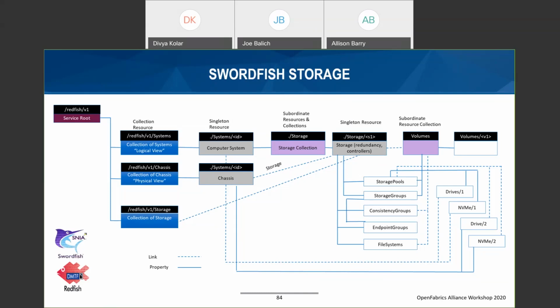Coming back to Redfish chassis, we have a chassis collection, and then we see that there are a couple of drives sitting in those chassis. This is how the physical drives are represented. And we can also see that the same drives are used to carve out different storage elements. So next slide.